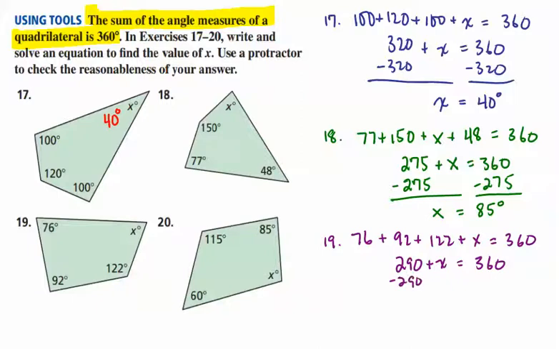Again, using the subtraction property of equality, we subtract 290 from both sides. We end up with x is equal to 70 degrees. And so in problem 19, the unknown quantity is 70 degrees, and I'll write this one on here. In 18, it was 85 degrees. We'll go on to solve the final problem in this set.